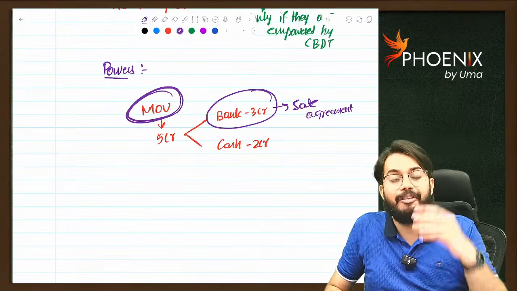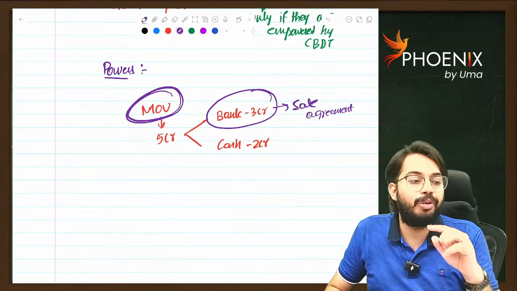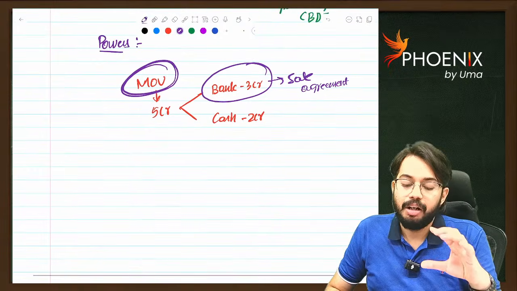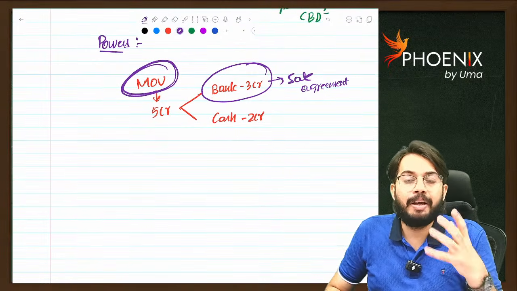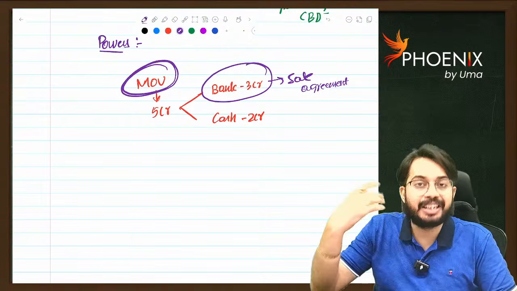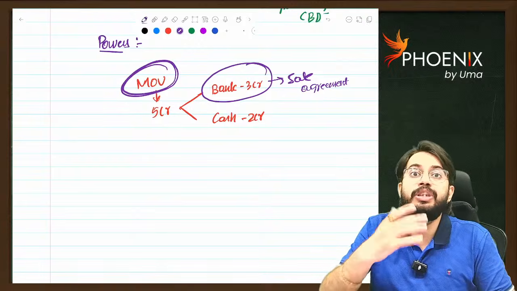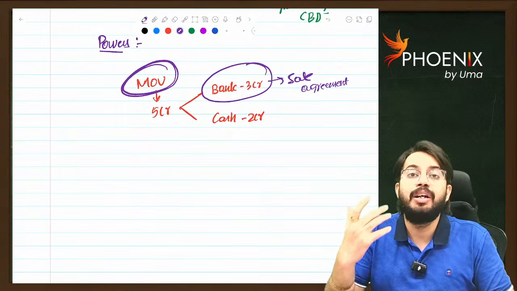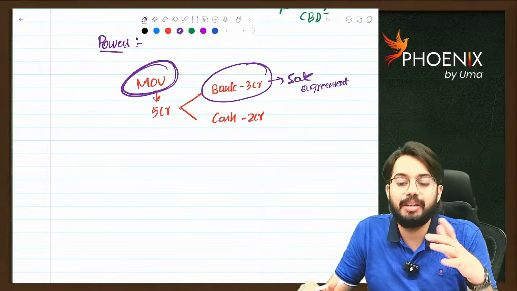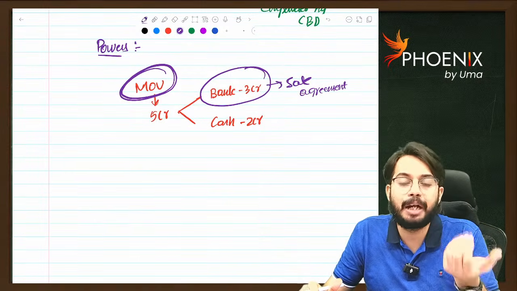Now they will believe whatever is there in the MOU. They will believe the 2 crore rupees I paid in cash, and they have power to impose 269SS, 269T provisions on me. Are you able to understand? So that much powers, that many presumptions the department can take.